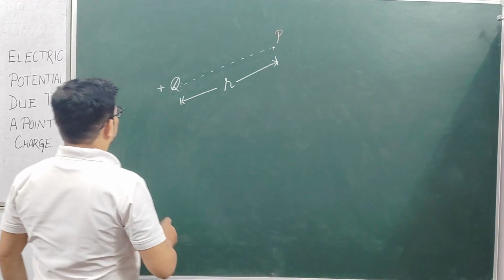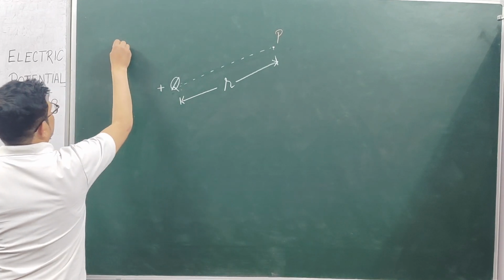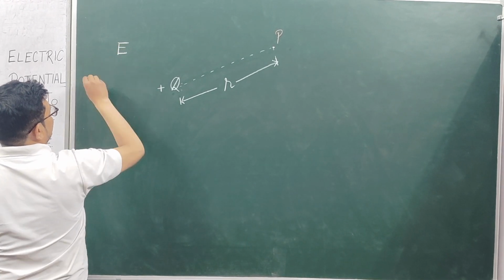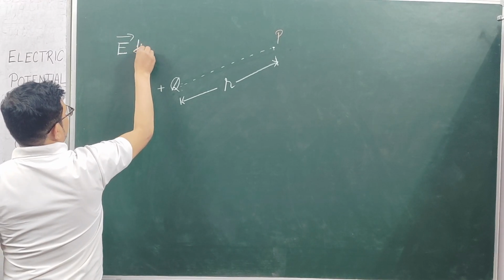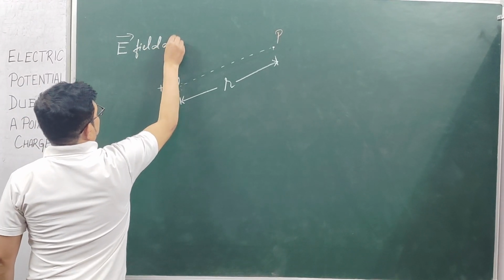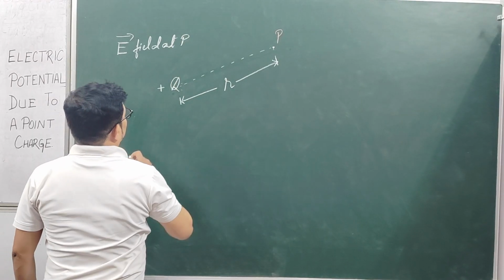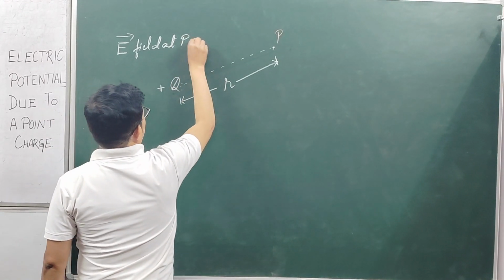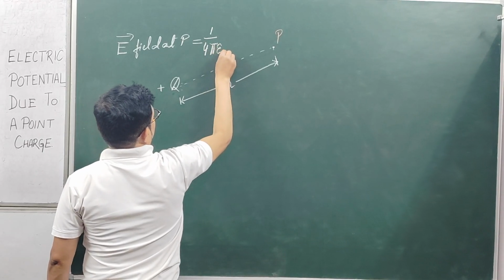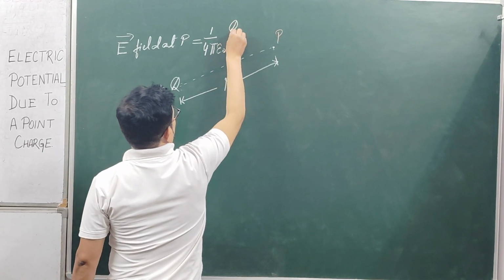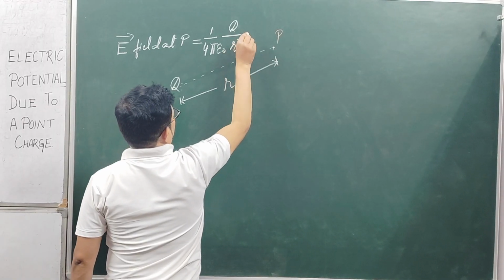With all these given quantities, we know what is the electrostatic field, E field, at P. With this given condition, this comes out to be 1 over 4 pi epsilon naught Q over r square.